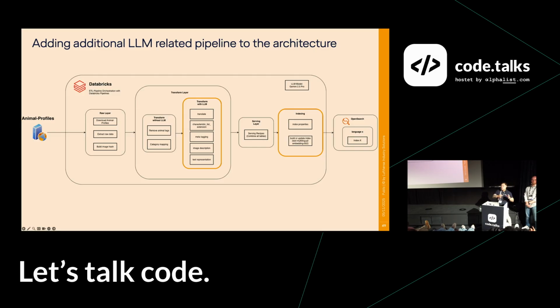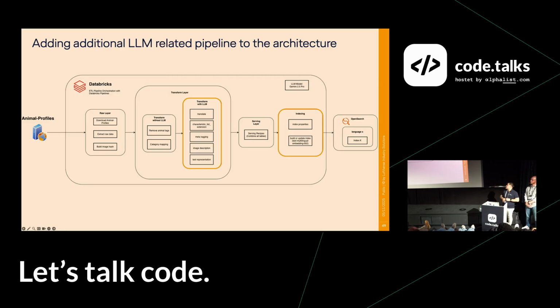Why? Because we may have a good database, maybe of animals, but we still need more information to make the search work better. We have a few steps in here, like translation, for example, or making a more characteristic list, meta tagging, and so on. I will go deeper later on.